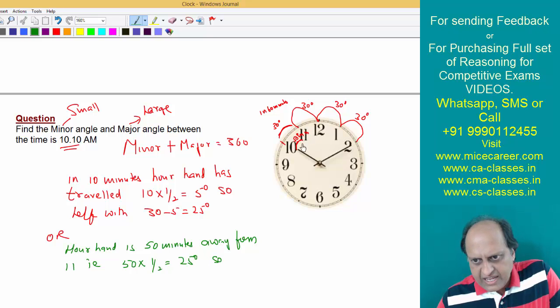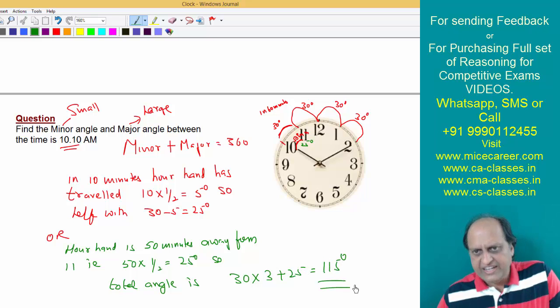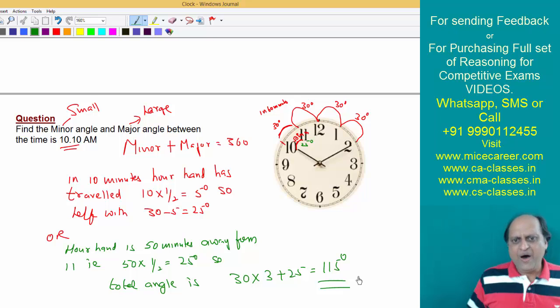So this angle is 25 degrees. So the total angle is 30 into 3, that is 90, plus 25, that gives us 115 degrees. How is the idea?